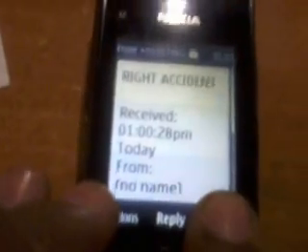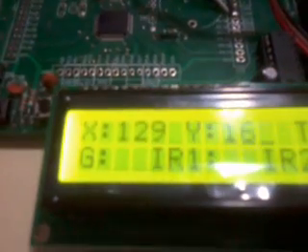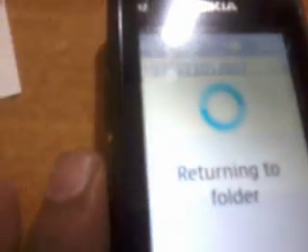Now tilting to the front, we will receive the SMS called front accident. Then we can receive the SMS called back accident.